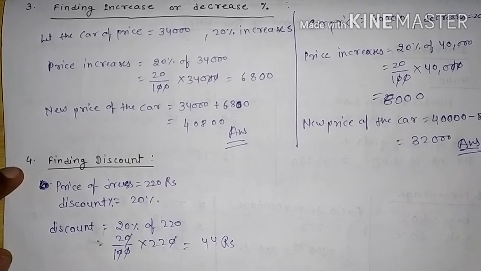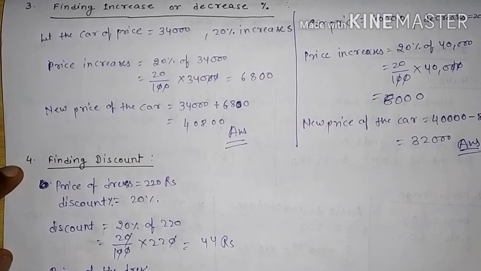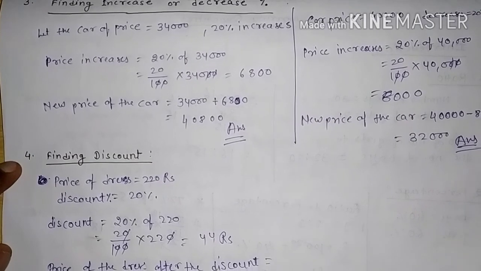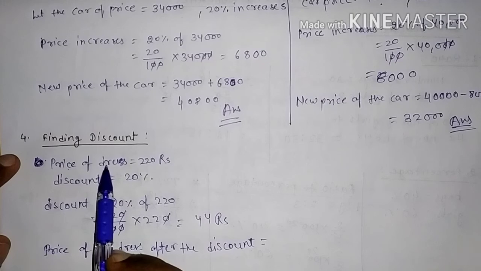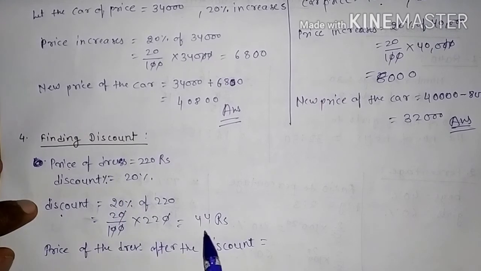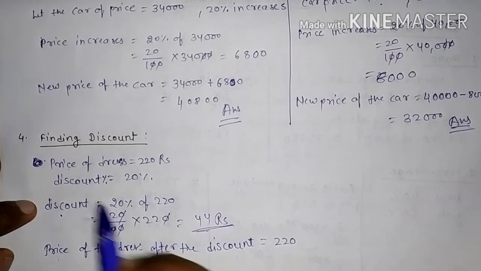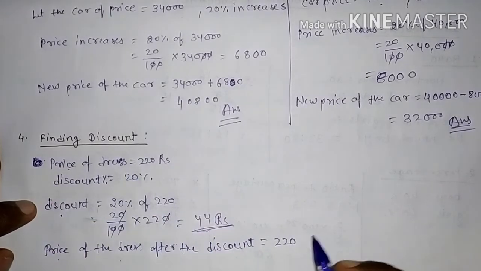So the price of the dress after the discount equals the price of the dress, 220, minus the discount, that is 44.